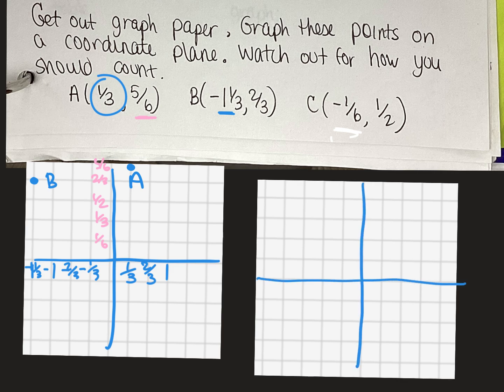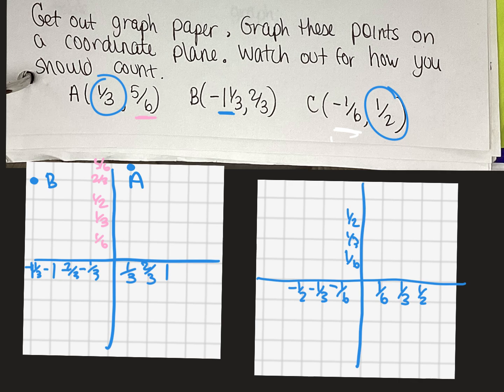I need to go negative 1/6, negative 2/6, negative 3/6, and then label these over here. Okay, up and down I need to go to a half. So I'll go 1/6, 2/6. 2/6 is a third, 3/6 is a half.